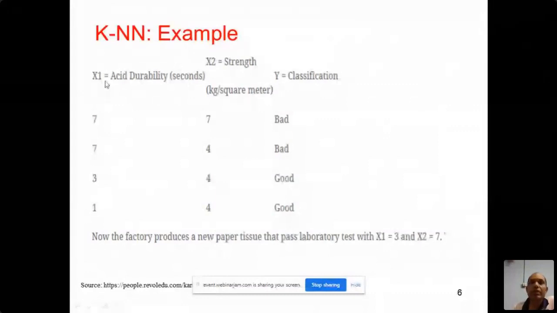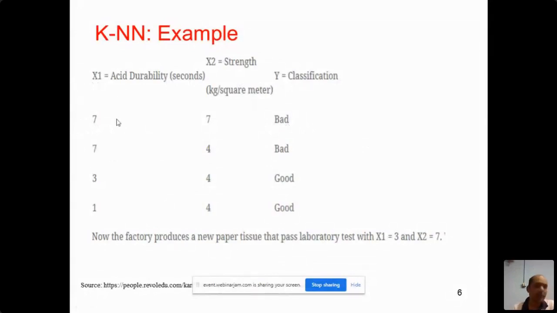The first one, X1, is the acid durability, which is measured in seconds. The second one is X2, the strength, which is measured in kilograms per square meter. Then the class label Y is given. So the first training data point is labeled bad, with X1 equal to 7.